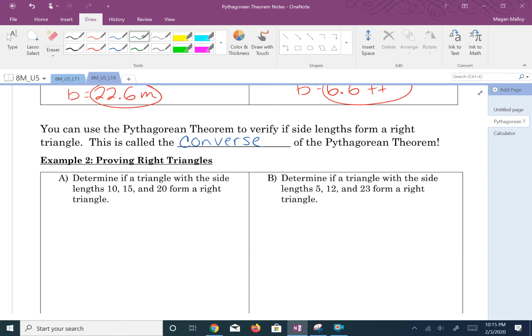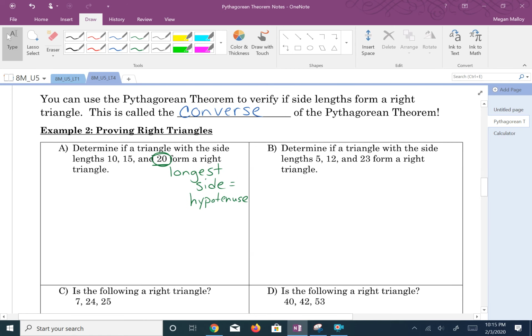And the quick trick for that is the longest side is going to be your hypotenuse, which we talked about when we first began. So I'm going to go back to my a squared plus b squared equals c squared, and I'm going to substitute in the values that I have.